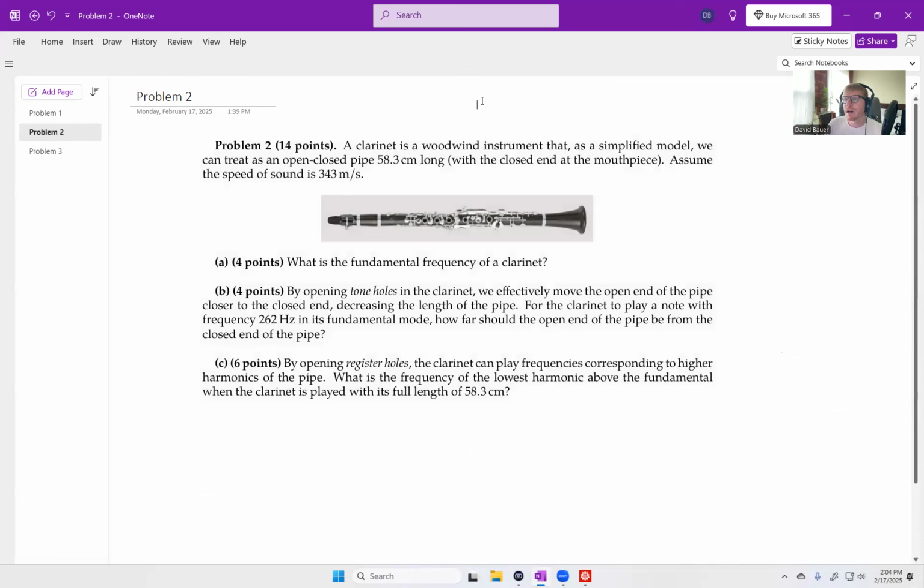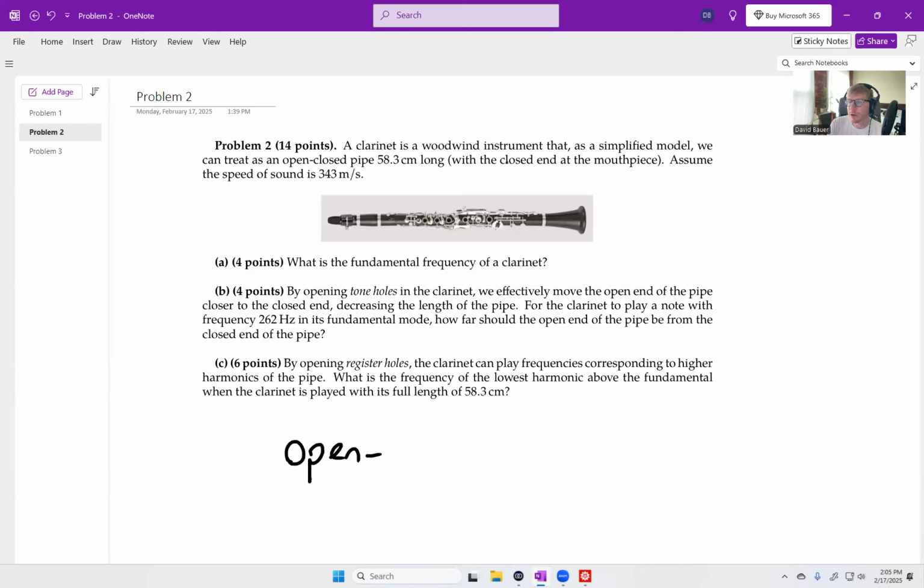Okay, moving on. So we have a problem involving a clarinet. Anytime you see a problem like this where you have some sort of instrument, some sort of pipe like this, then you should be thinking we're going to have a standing wave problem. That's what we have. And the problem tells us we can model the clarinet as an open closed pipe with a length of 58.3 centimeters.